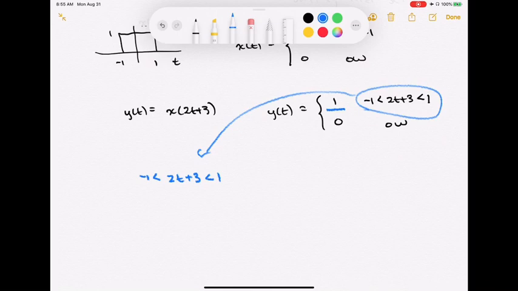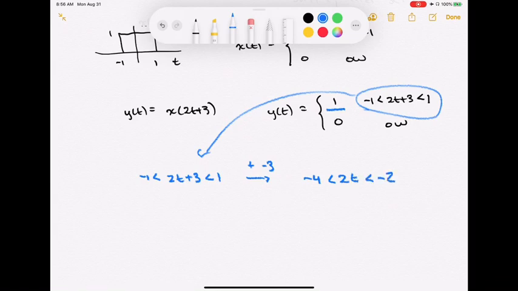So this tells me in a more intrinsic, kind of obvious way what the precedence has to be. So I'm going to add -3 to all sides of that. So -1 minus 3 is -4. 2t plus 3 minus 3 is just going to be 2t, and 1 minus 3 is going to be -2.